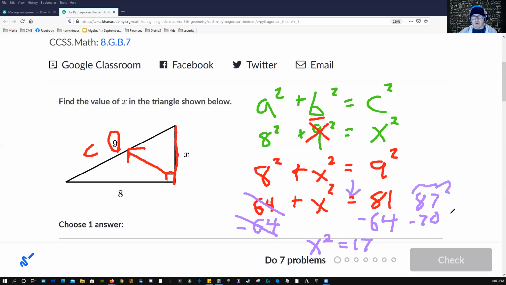That's just a little number talk staring back at you. Okay, so x squared equals 17. Then our last step, I take the square root of both sides. So apparently x will be equal to the square root of 17. Let's see what that looks like on Khan Academy.